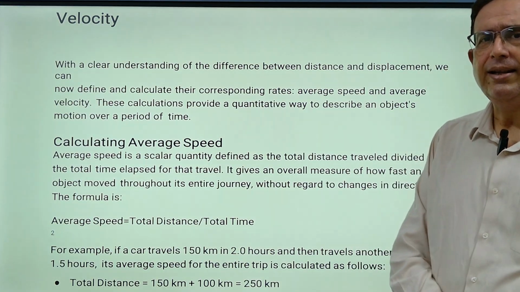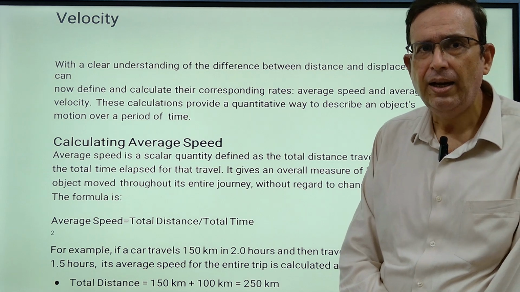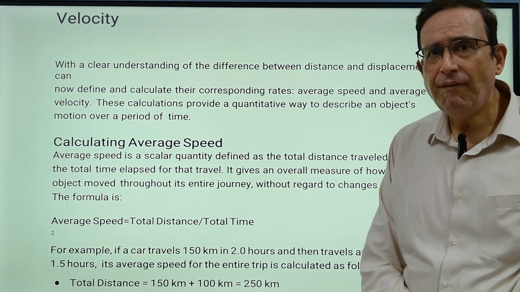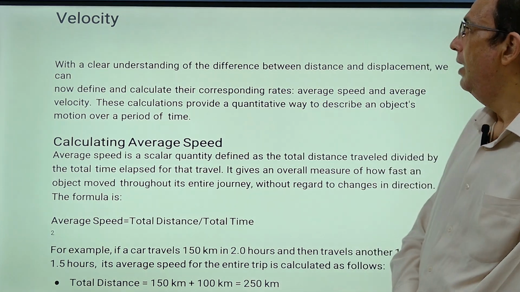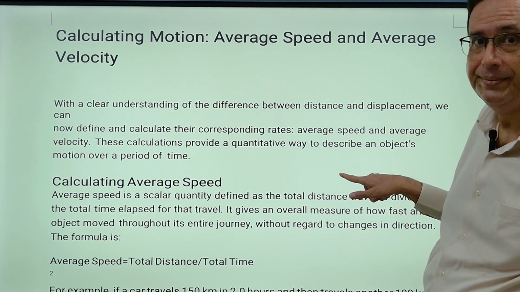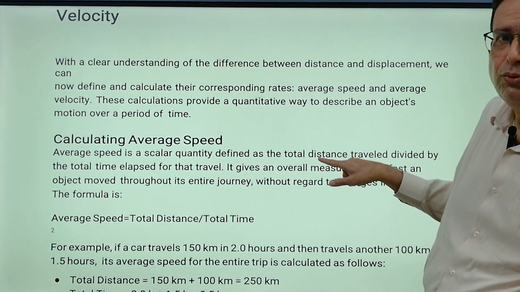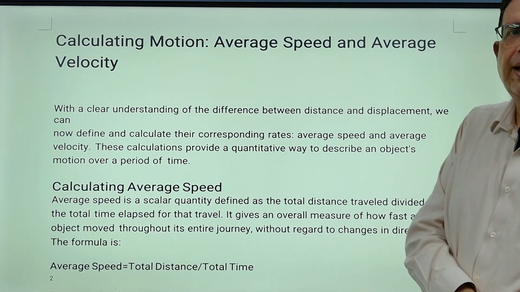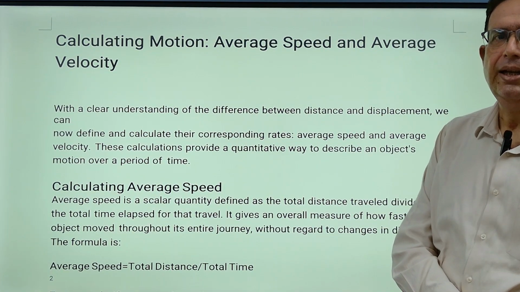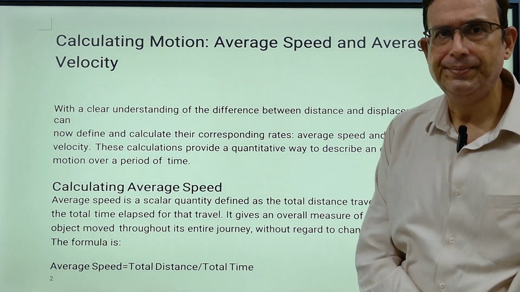If you have a clear understanding of what displacement is and what distance is, then you can understand certain other things like the average velocity, the instantaneous velocity, and average speed. The instantaneous and average speed are again different quantities, and so are the instantaneous and average velocity. What the differences between all of them are, we are going to understand here.